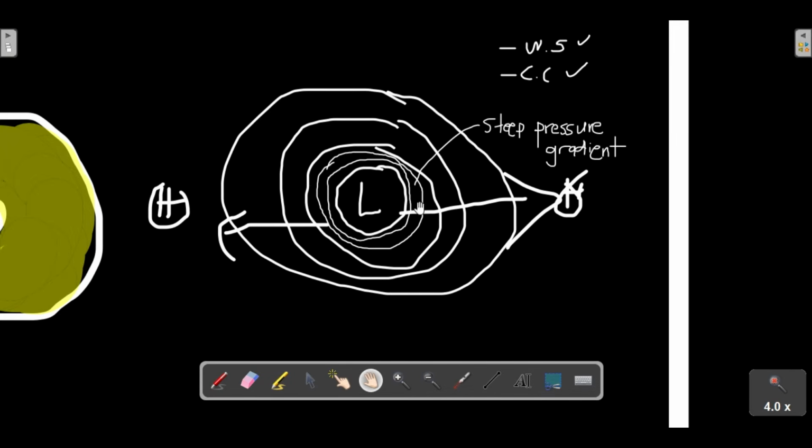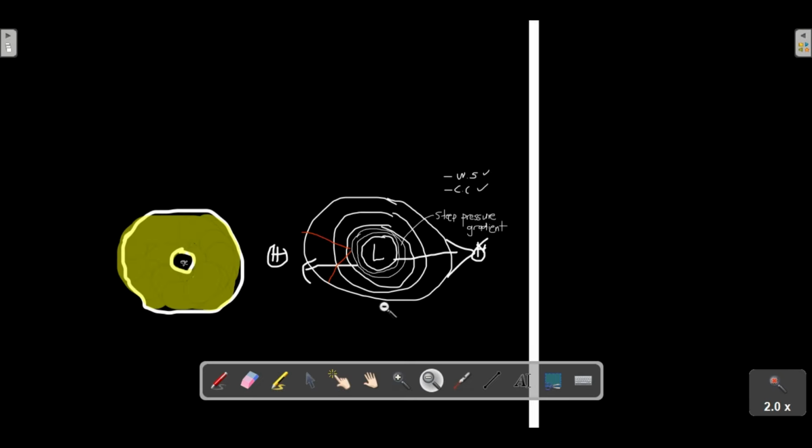Because the pressure gradient is steep right around the eye, in the eye walls, you'll have the highest wind speeds in the eye walls, and it will drop. Of course, it will also depend on the side that has the active quadrant. That will be the highest wind speed, so that will increase there on that side. So that also is a factor there.